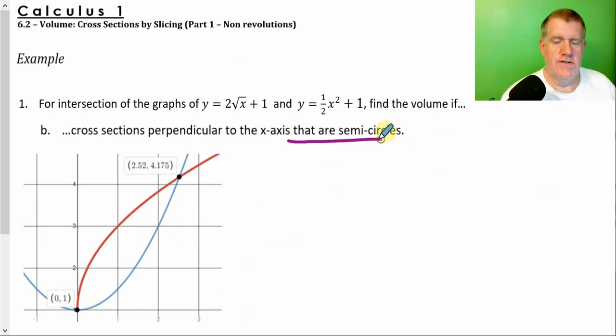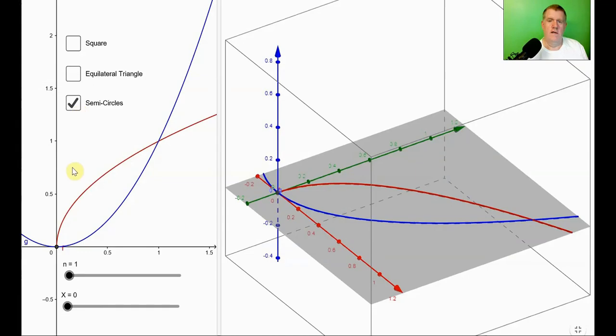Now we're doing semicircles. But remember, perpendicular to the x-axis, so isn't this still going to be the red function minus the blue function? Now here is what semicircles look like. So remember, between each function, we're graphing a semicircle. And again, the semicircle gets smaller at the ends because the distance is smaller, gets wider towards the middle, and then at the end it gets close to 0 again. So what does that shape look like?